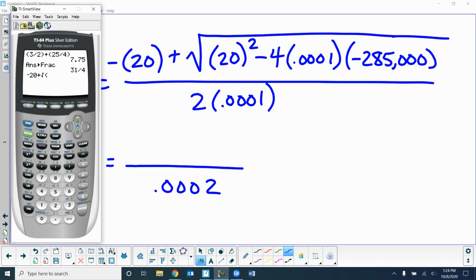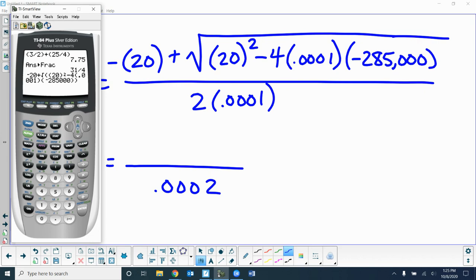Whenever in this calculator you hit square root, it starts with a parenthesis, right? So at the end, I got to remember to do what? Close it off, right? So then I put 20 squared minus 4 times 0.0001 times negative 285,000, and then close off for the parenthesis we got after the square root.